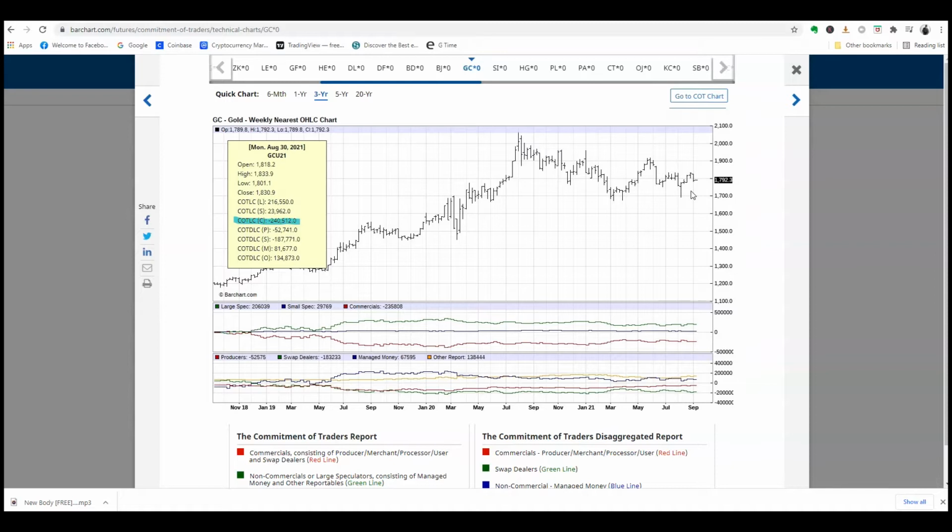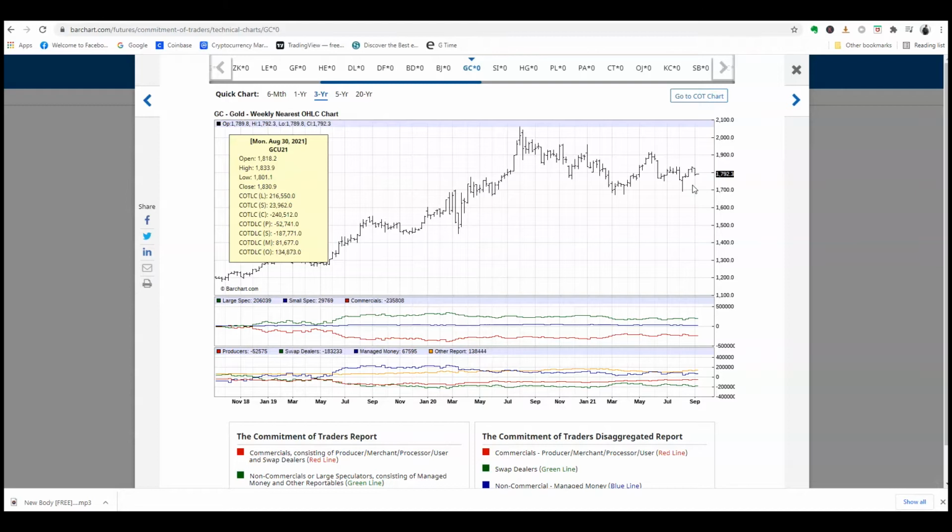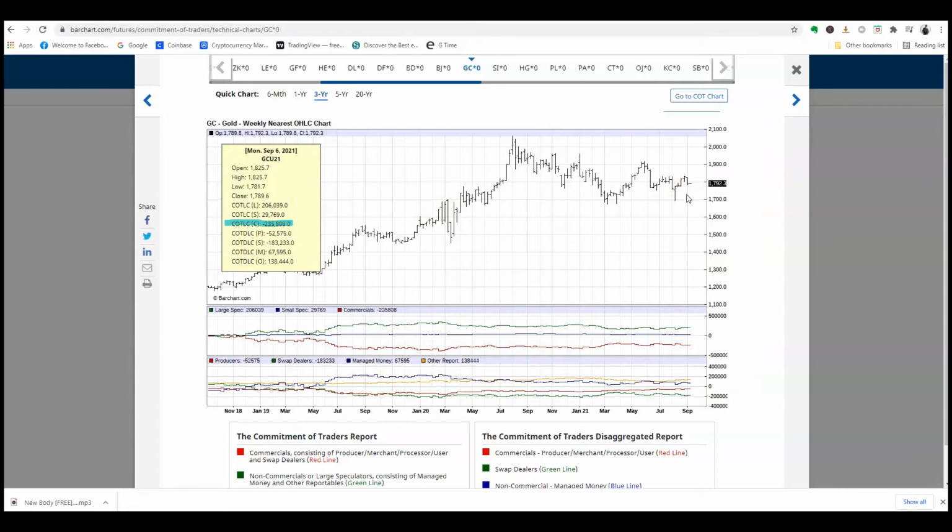So I'm making note that gold for August 30th is negative 240512. Then for September 6th, I move my mouse over a bit, and I see that gold is negative 235808.